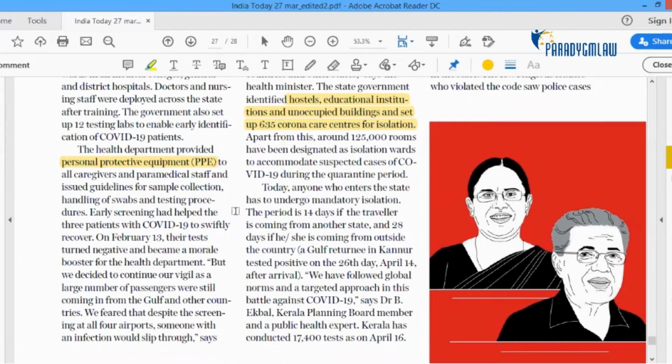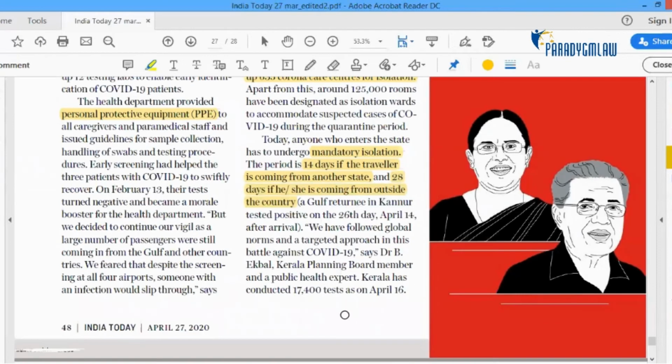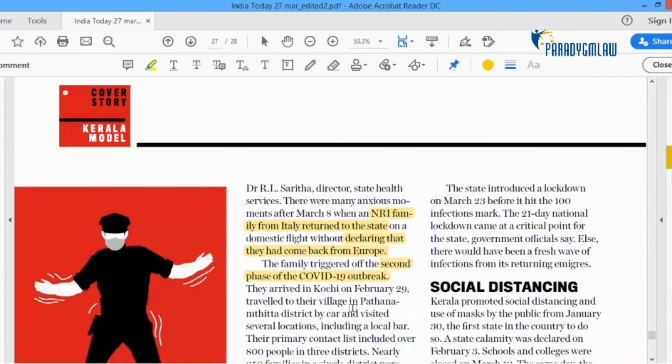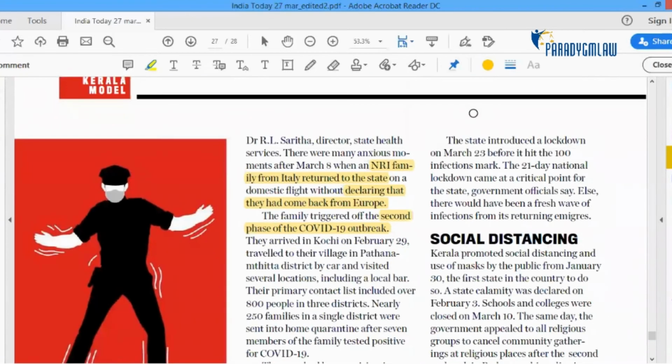Now, here we have the mandatory isolation or home quarantine, what the period is. If it's 14 days, if he's coming from another state, and 28 days from outside India. So then we also come to another important juncture.